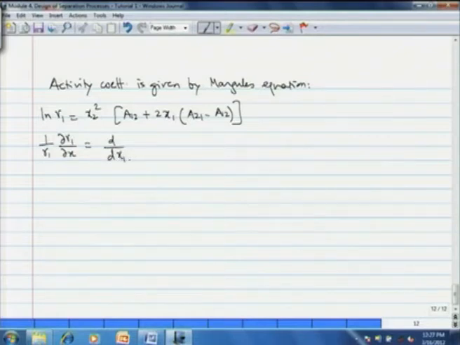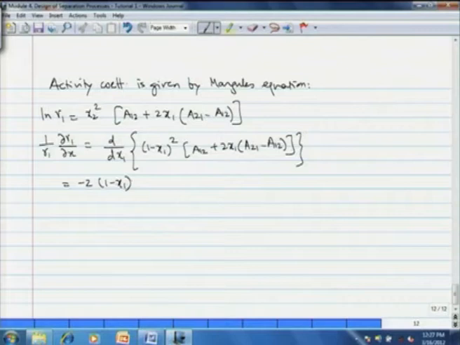Now here we have to take with respect to x1 because 1 denotes solute here. We write x2 square as 1 minus x1 square. So now simple expansion and simplification.